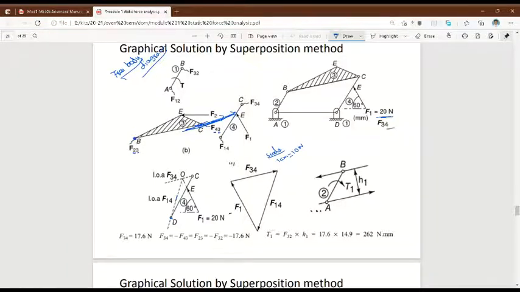First draw F1 parallel to this F1E. For 20 Newton, that is a 2 centimeter line. Draw it.